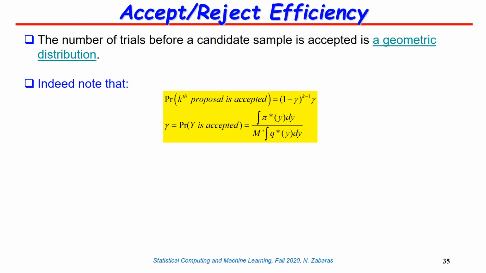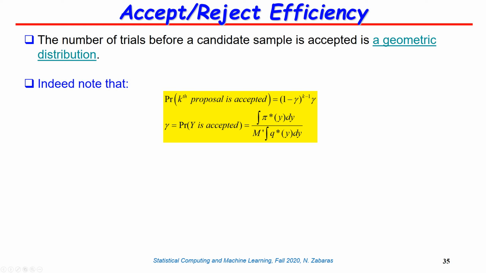So you reject k minus 1 times, you accept the kth time, and here is why 1 over the probability of acceptance is the expected number of trials before you accept a candidate from the proposal distribution. If you look at Wikipedia or in your probability book, you will see that the mean of the geometric distribution that you see here is 1 over gamma.